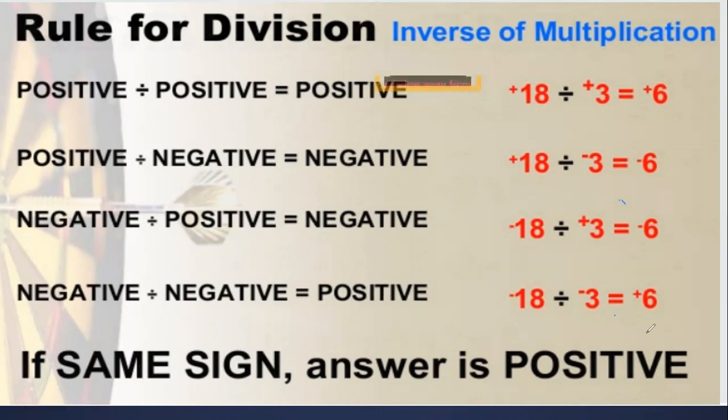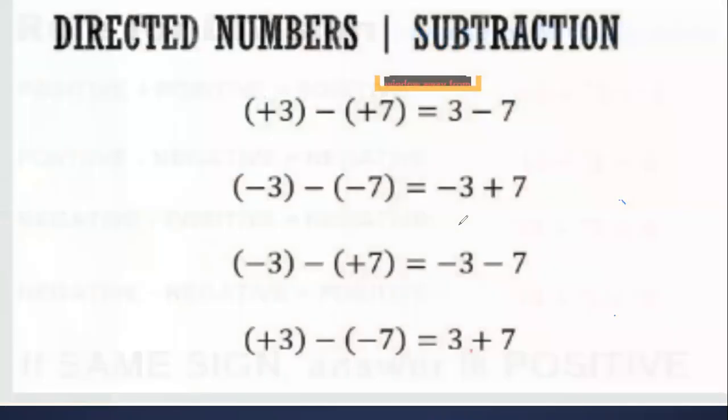Here are some examples of directed numbers where we are guided on what to do. For example, if we have a positive 3 minus a positive 7, we are dealing with a negative and a positive, so this gives a negative as the final sign in the middle.